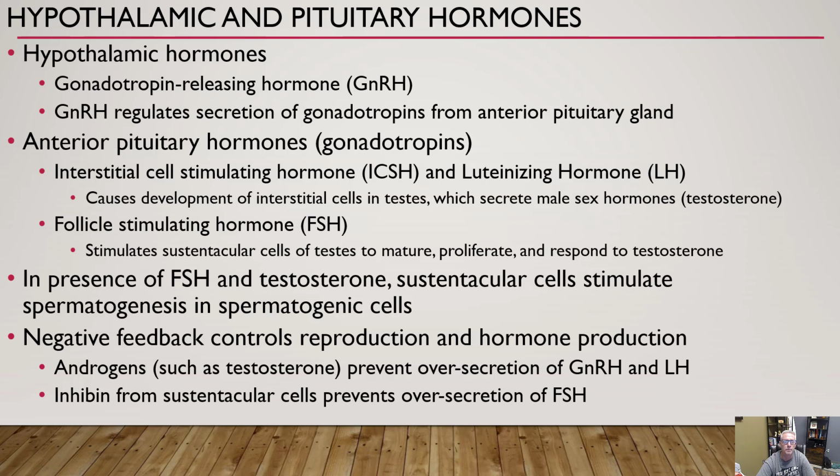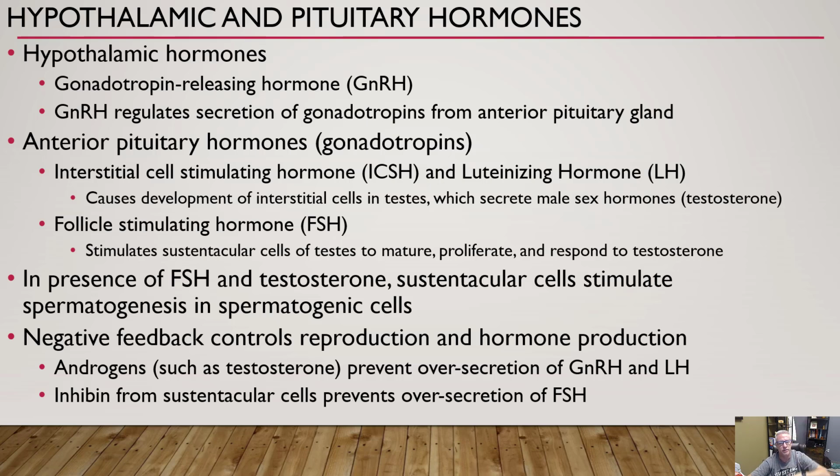If you remember, the hormones of the anterior pituitary are kind of like intermediate hormones, also called tropic hormones, where the hypothalamus secretes something that causes the anterior pituitary to secrete another hormone, which acts on another gland to secrete something.